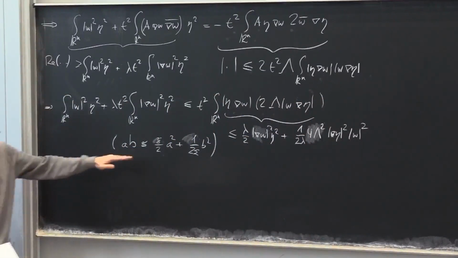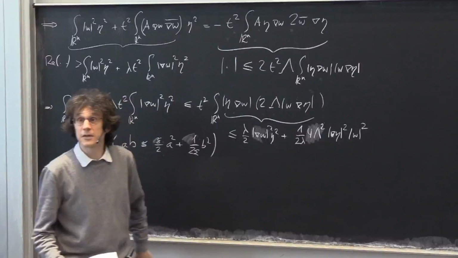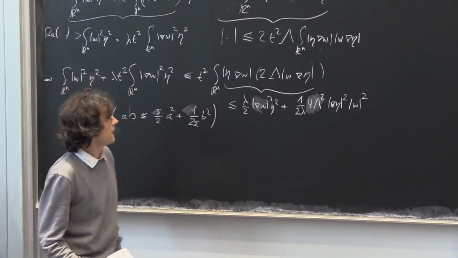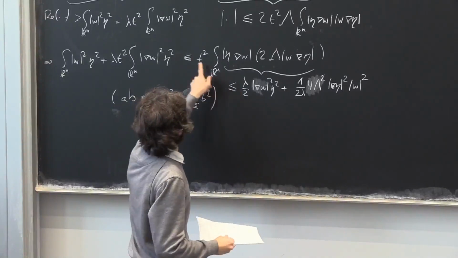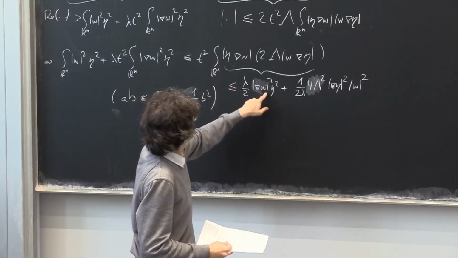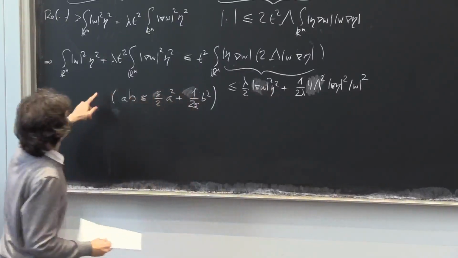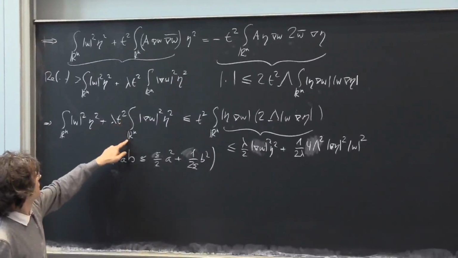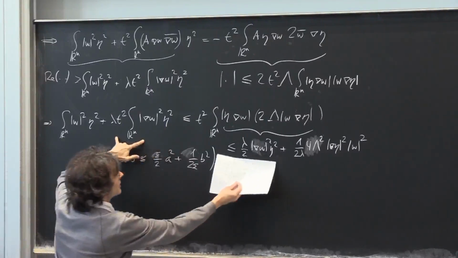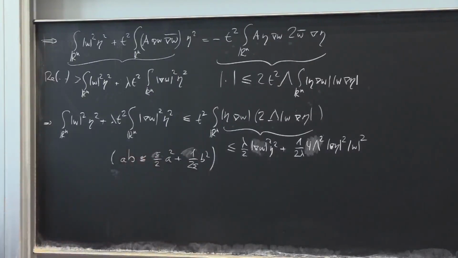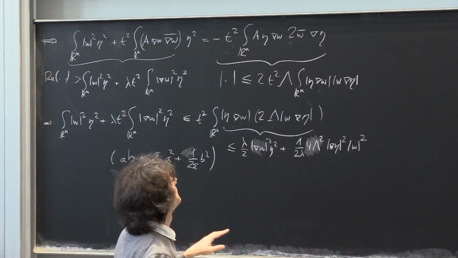So this is this inequality applied here with the epsilon equal lambda. Okay, why is this beautiful? Because now you get an integral t squared lambda over 2 gradient w squared eta squared, and here you have an integral lambda t squared gradient w squared eta squared. So this integral here is exactly half of this integral, so you can absorb this term to the left hand side. And somehow this is the main program for the rest of this proof.